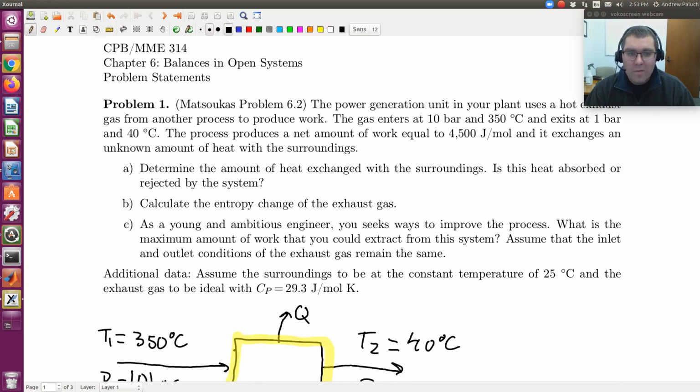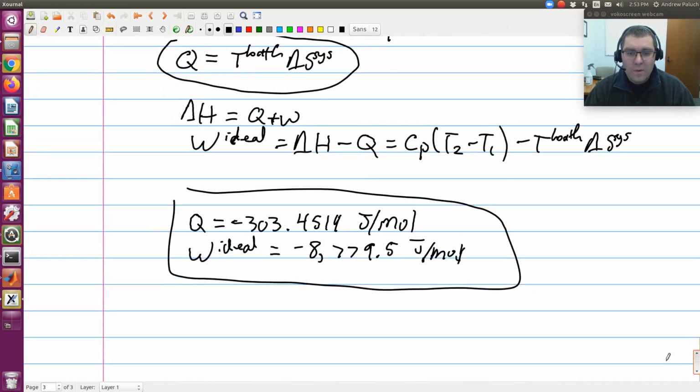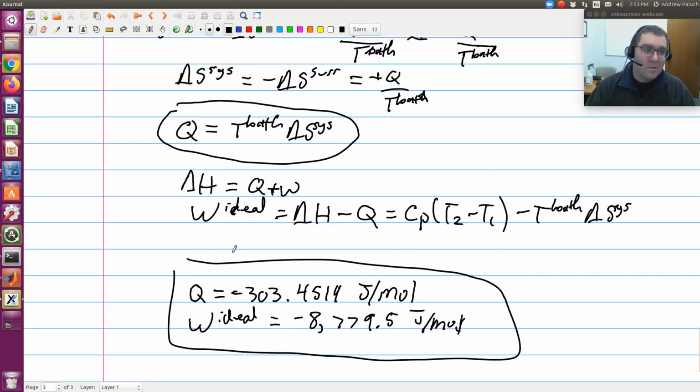So what we find is we're producing a lot more work. More of that energy is converted to work and not lost to heat. So we produce a lot more work and reject a lot less heat for that idealized case. Hope that helps. Let me know if you have any questions.